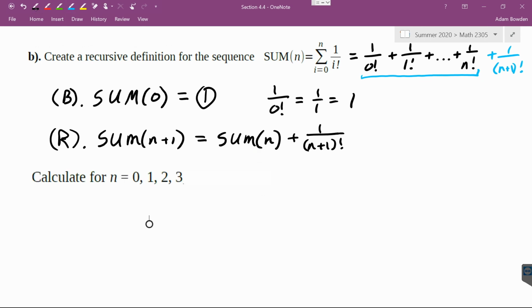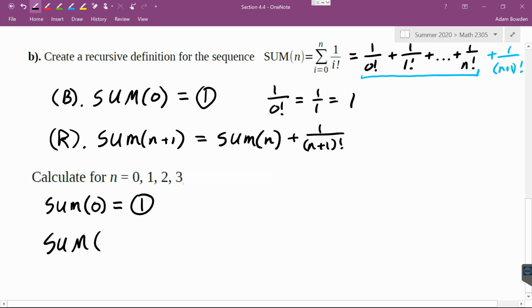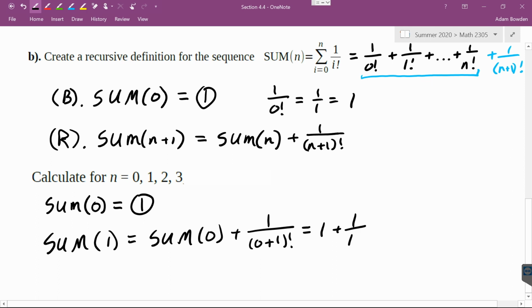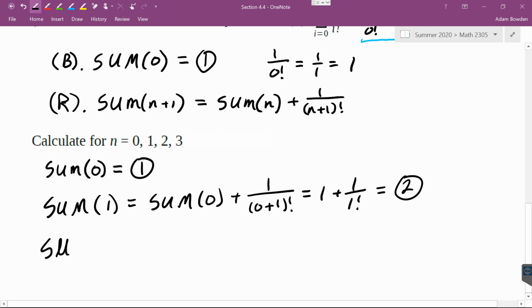So if we go through here and calculate a few values, for instance the sum of 0 is equal to 1, and then the next one, sum of 1, would go sum of 0 plus 1 over 0 plus 1 factorial, which would be 1 plus 1 over 1 factorial, which is equal to 2. And then the sum of 2 would equal the sum of 1 plus 1 over 1 plus 1 factorial.